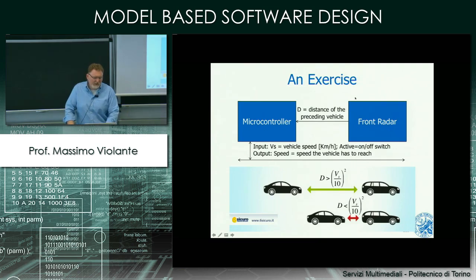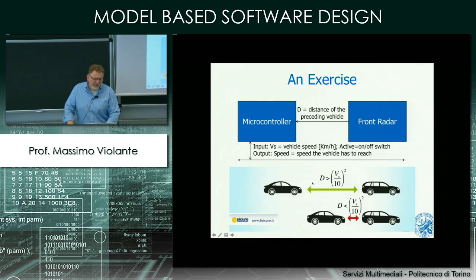You have a front radar that gives the distance to a microcontroller. Then the microcontroller receives the vehicle speed and the status, whether the item is active or not. And then the microcontroller is able to close the speed loop with the car. So this microcontroller is able to give commands to the vehicle to accelerate or decelerate to always keep the safe distance from the preceding vehicle.